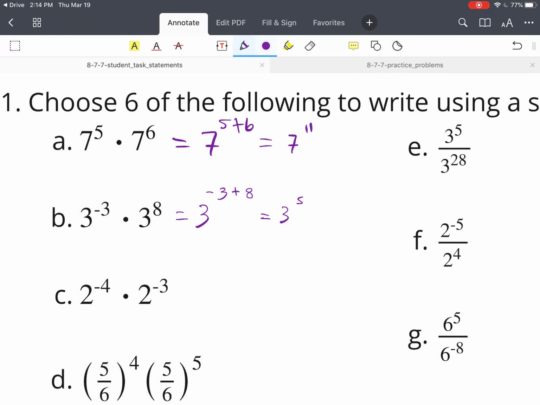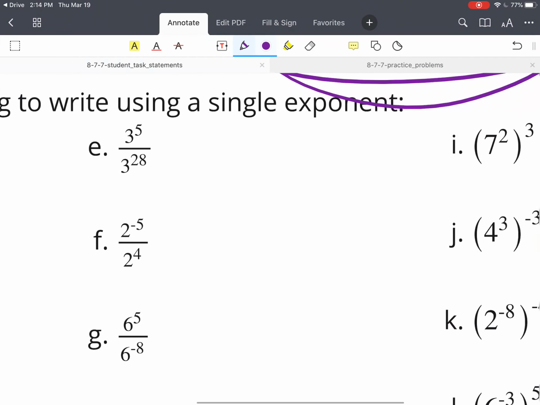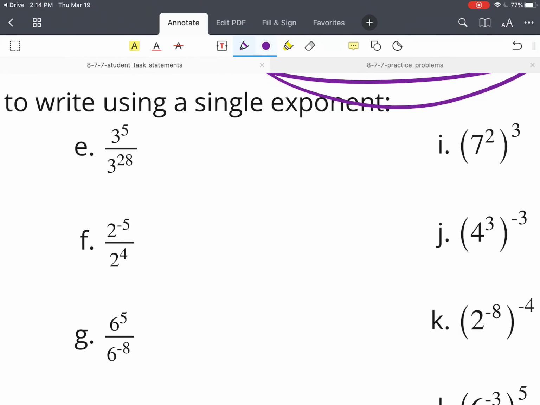Negative 3 plus 8 is 5. We want to write these with a single exponent. So since we're dividing, we're going to subtract the exponents. So this is going to be 3 to the 5th minus 28. That's going to be 3 to the negative 23.